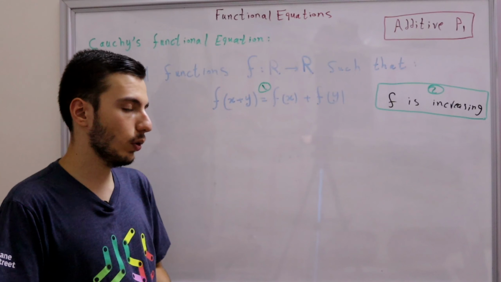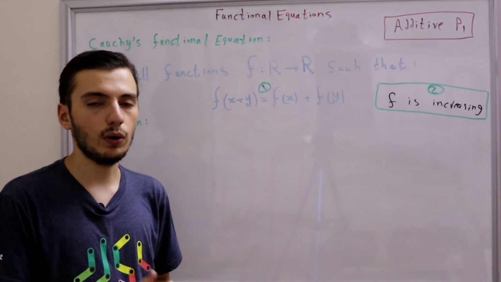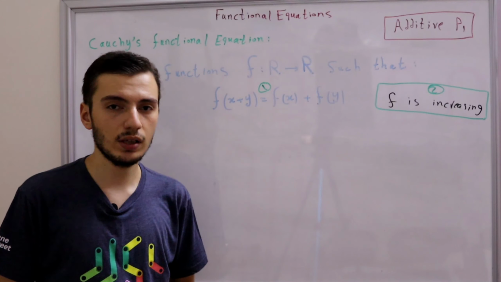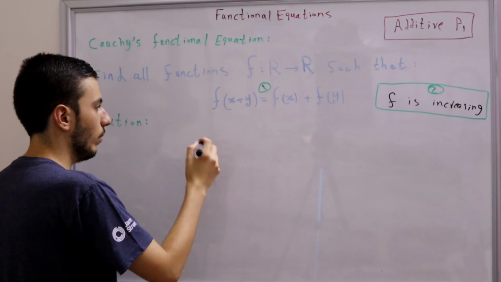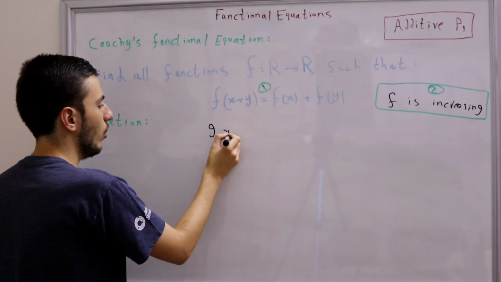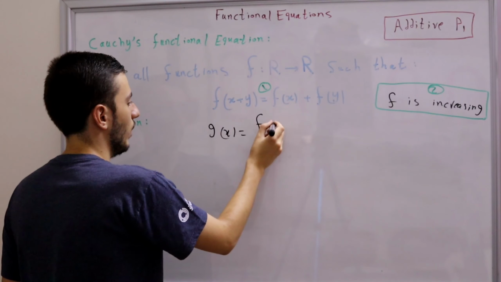Okay, now we will prove this by contradiction. So let's assume that our function f is not cx for some numbers. First of all, let's define the function g of x, just for simplicity, that is equal to f of x over c.